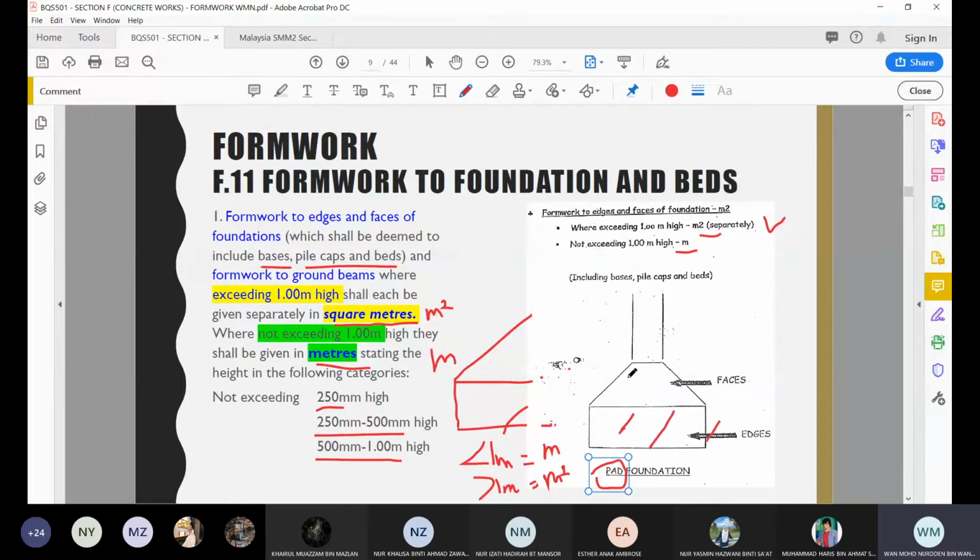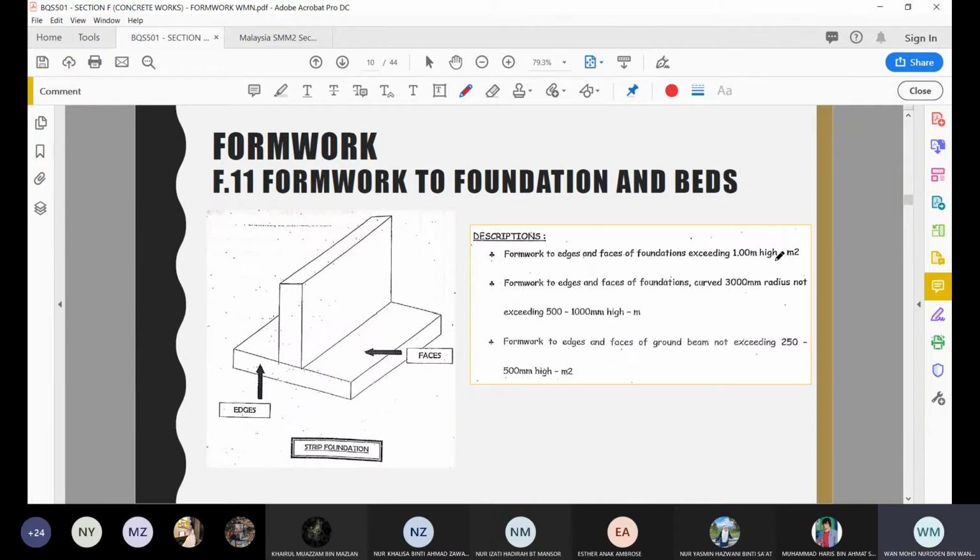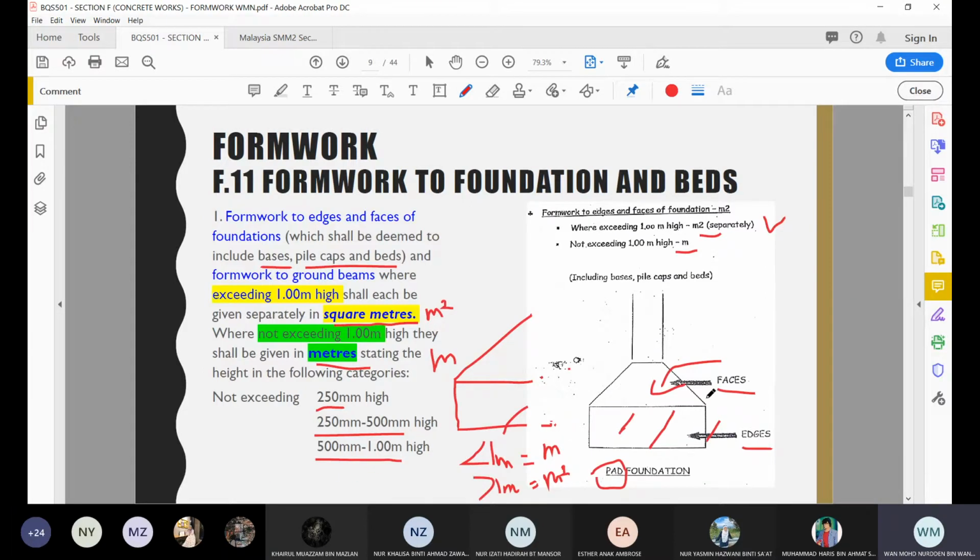Kalau ada slanting macam ni, yang frustum yang kita tengok last class tu, kawasan ni kita panggil sebagai faces. Edges and faces. Kalau in case of this street foundation, edges kawasan ni, faces di atas dia. Kalau tadi untuk pad foundation.